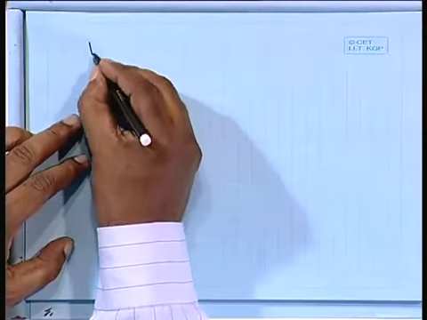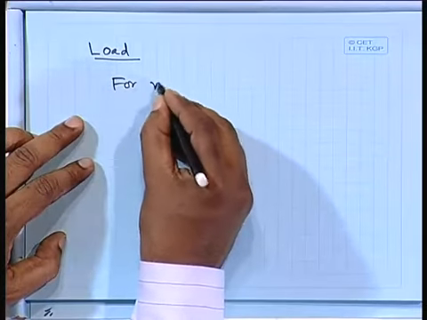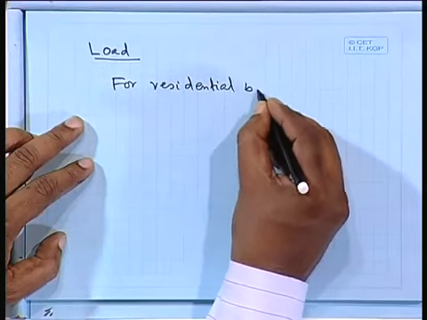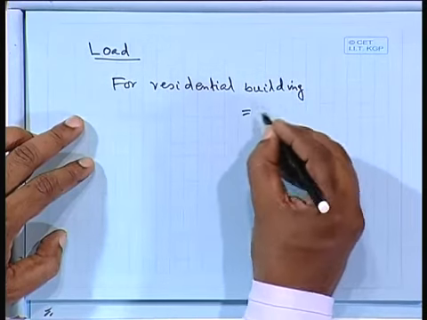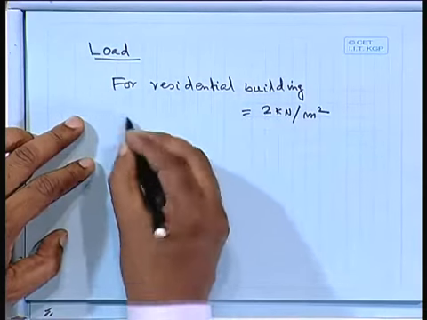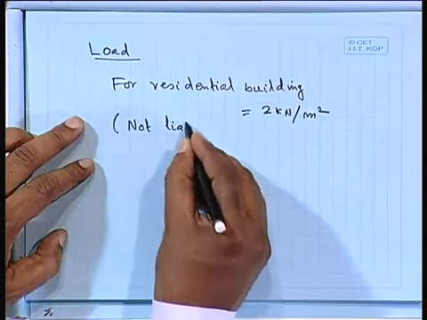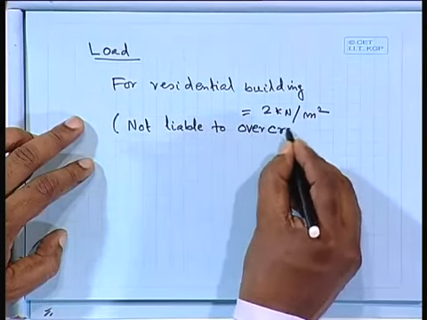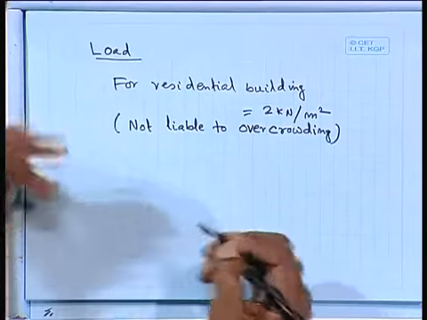What about your load? For a residential building, we shall consider 2 kilonewton per square meter, and there is a restriction: not liable to overcrowding. That means the staircase will never be overcrowded.